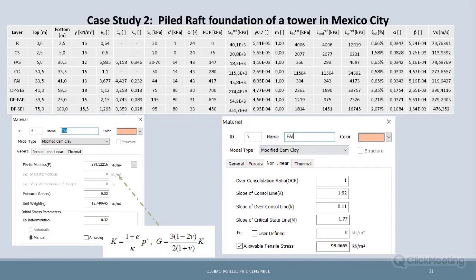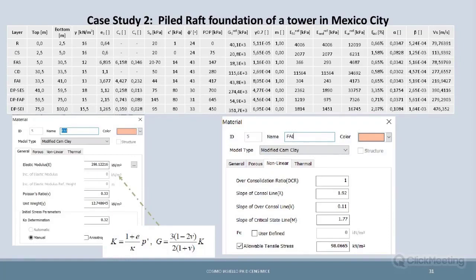Here we also have an allowable tensile stress of 98, almost 100 kPa, to take into account the suction that can be produced. The suction is, I would say, the time the pore pressure is taken out from the over-consolidated clays.